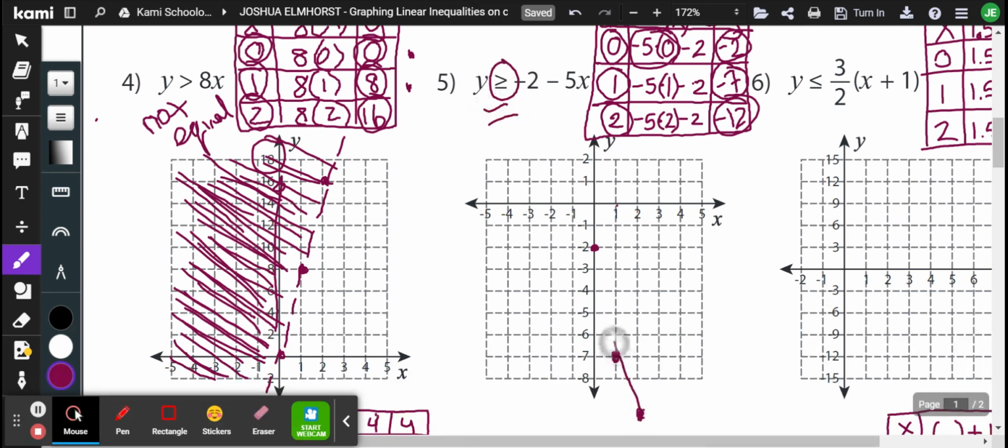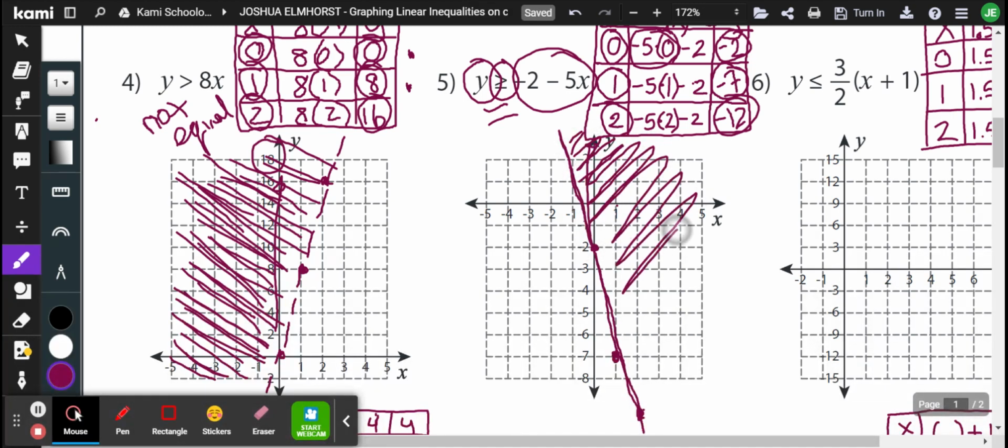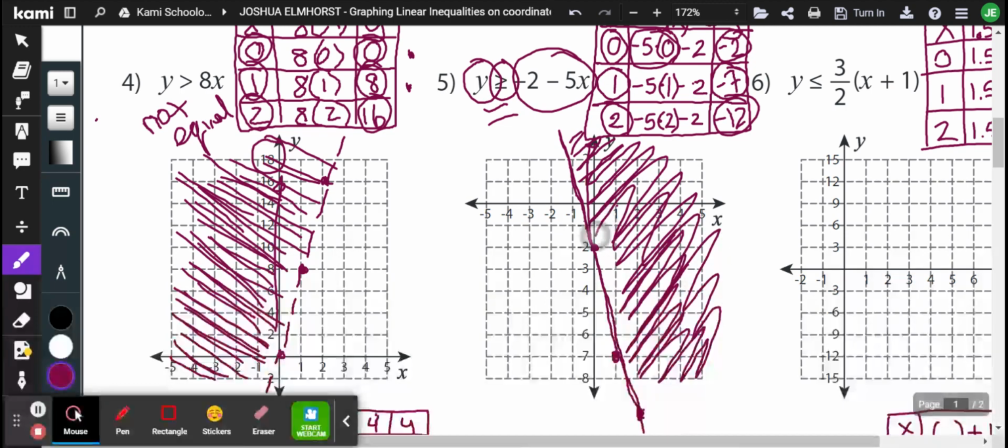So we can put a solid line there. And it says y is greater than whatever is going on with the rule. So greater than y is going to be on the right side here. We're going to shade in y going up.